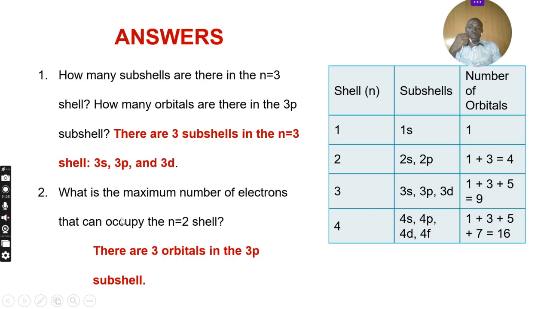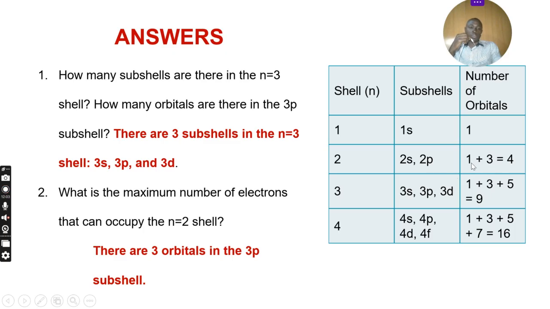The next question is, what is the maximum number of electrons that can occupy the n equal to 2 shell? The n equal to 2 shell has the 2s orbital and then the 2p orbital. Remember, each orbital can take 2 electrons. Let me take that again.